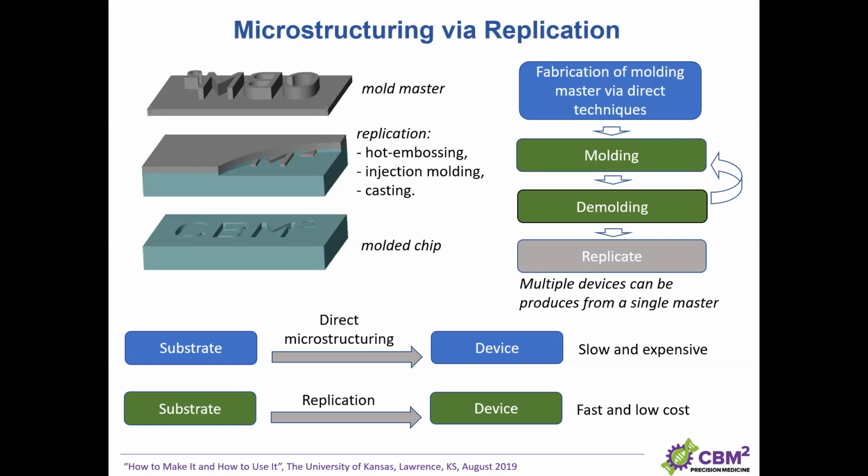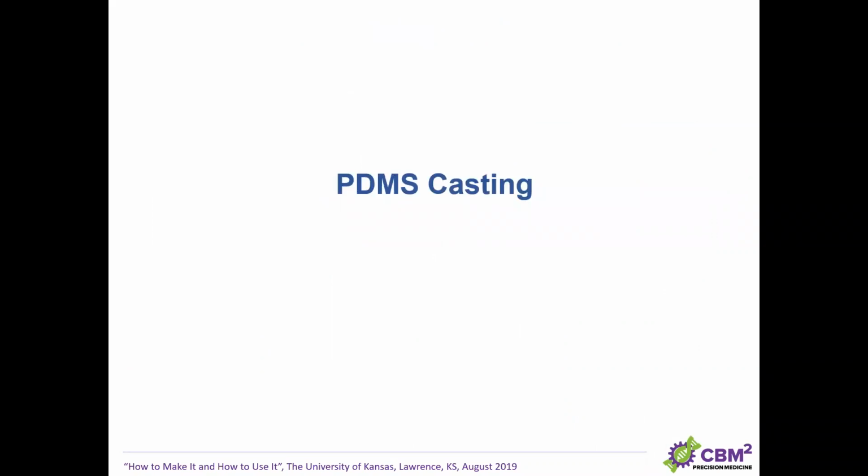It's slow and expensive in general. Versus replication, we use a substrate, just run the replication step, and we get a device, which is in general fast and low cost.